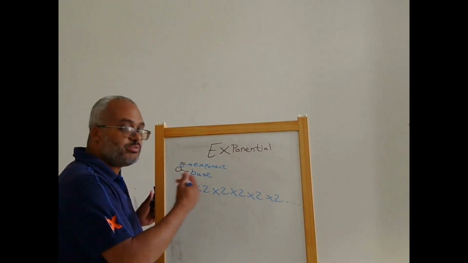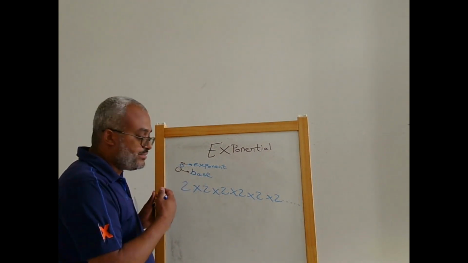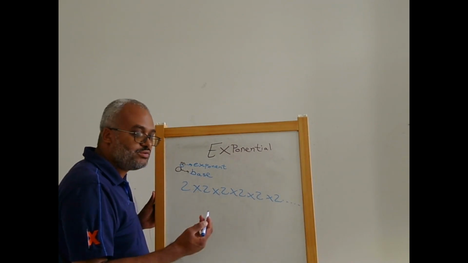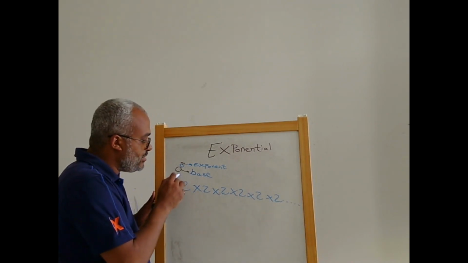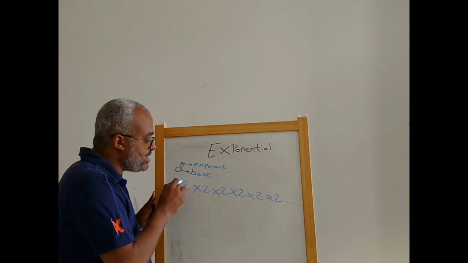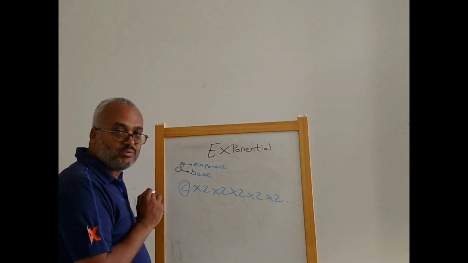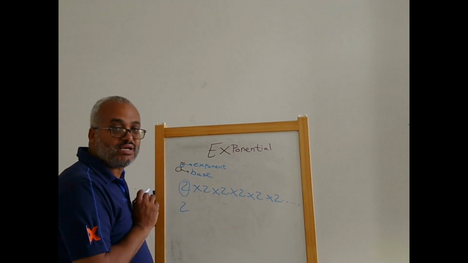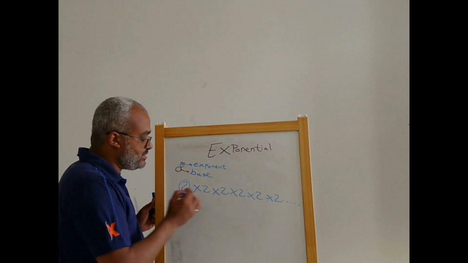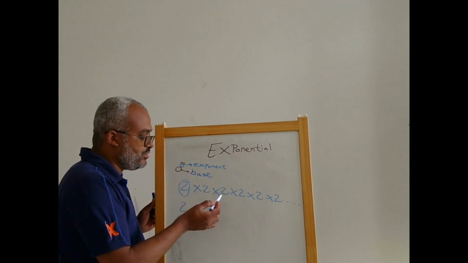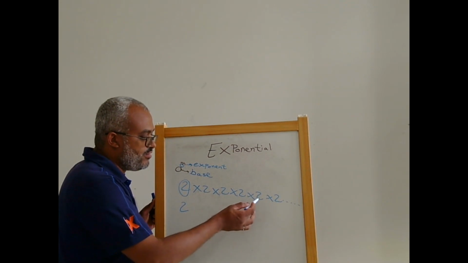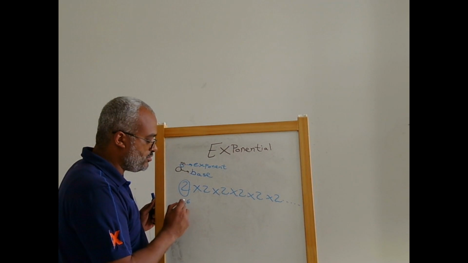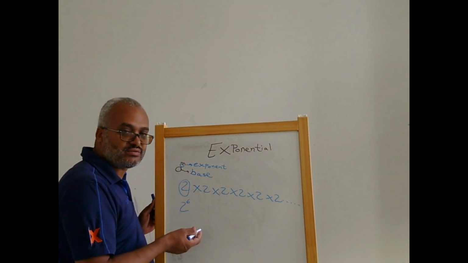So instead of being bored and keep writing it down every time, remember, we have a base. So this is gonna be our base, which is a 2. So 2 is our base. Now we need to count. So in this case, 1, 2, 3, 4, 5, 6. That's right. So 2 to the power of 6.